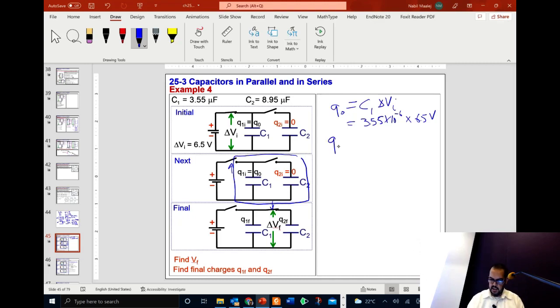So we can say Q1 final plus Q2 final has to be equal to Q0, which is Q1 initial. This has to do with conservation of charge.